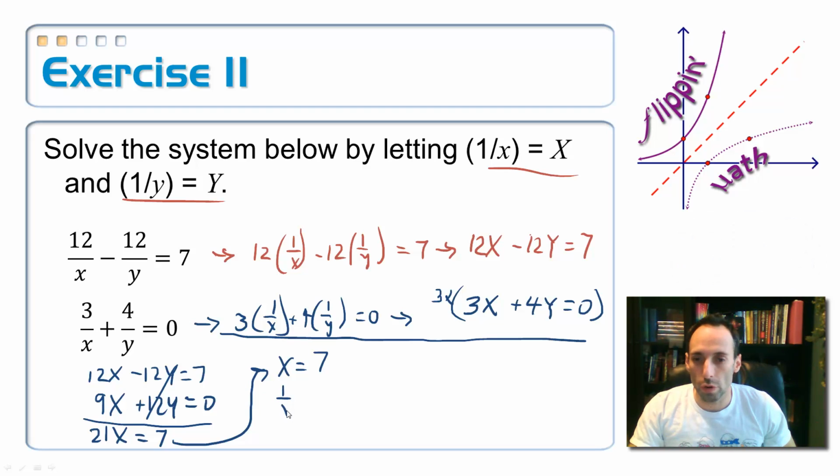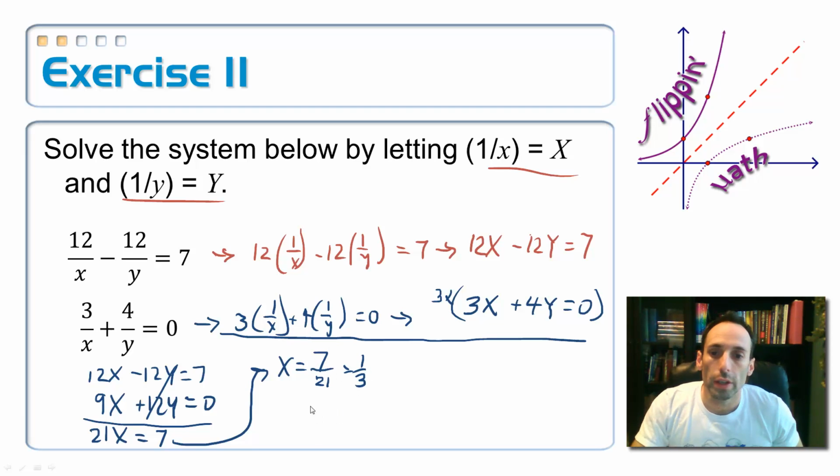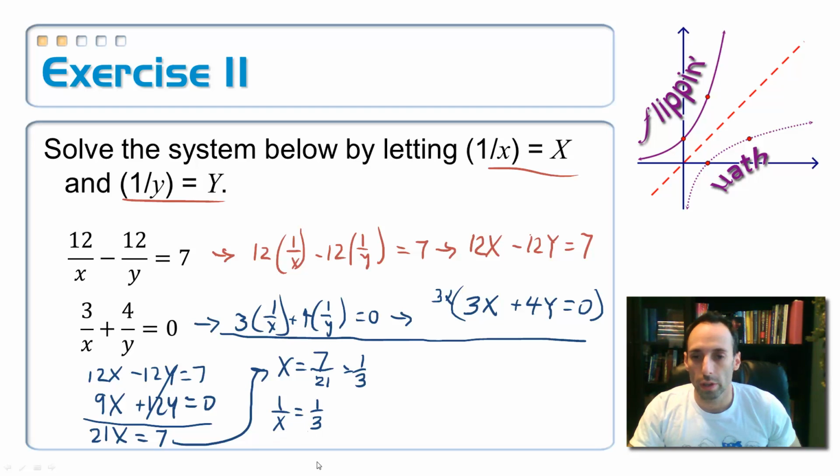Whoops, silly, silly Mr. Noel. I divide by the 21. Going back to that step, I divide by 21. You get 7 over 21, which is 1/3. Okay, now I have back substitute 1 over x is equal to 1/3. And if I flip both sides of this, I get x is equal to 3.